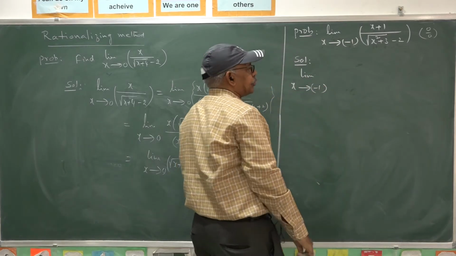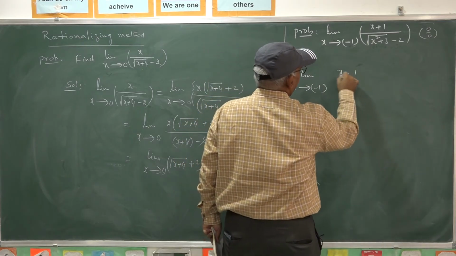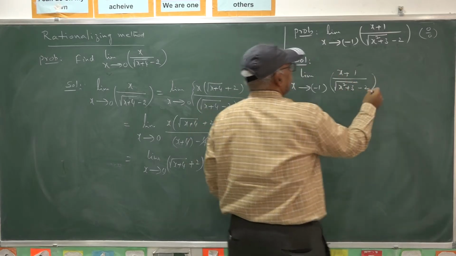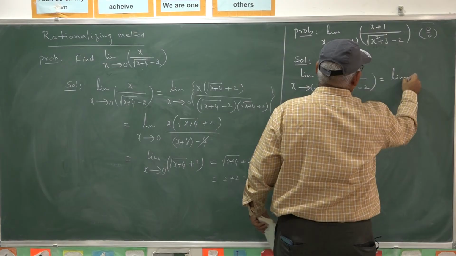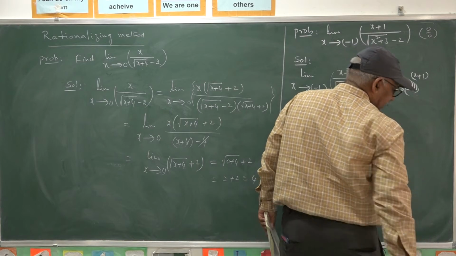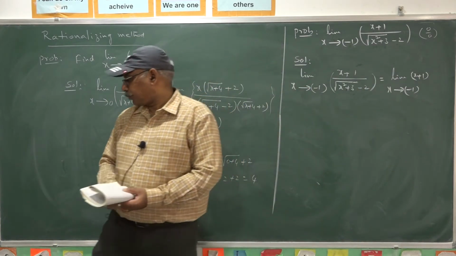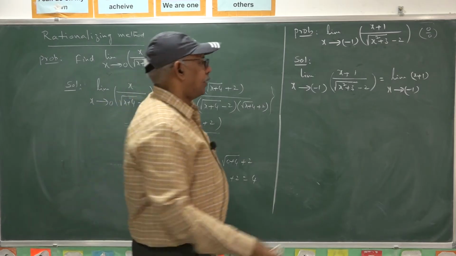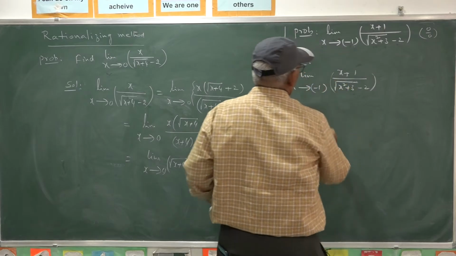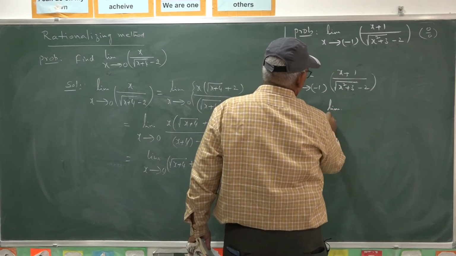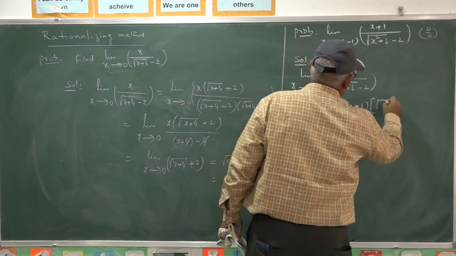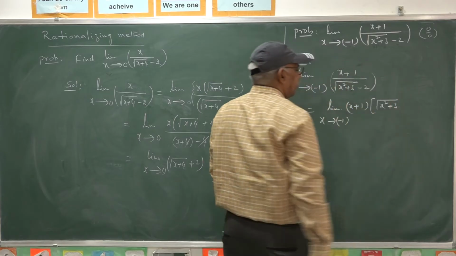So the limit as x goes to minus 1 of x plus 1 by root over x square plus 3 minus 2 equals the limit as x goes to minus 1 of x plus 1 into, rationalizing the denominator, we get square root of x square plus 3.